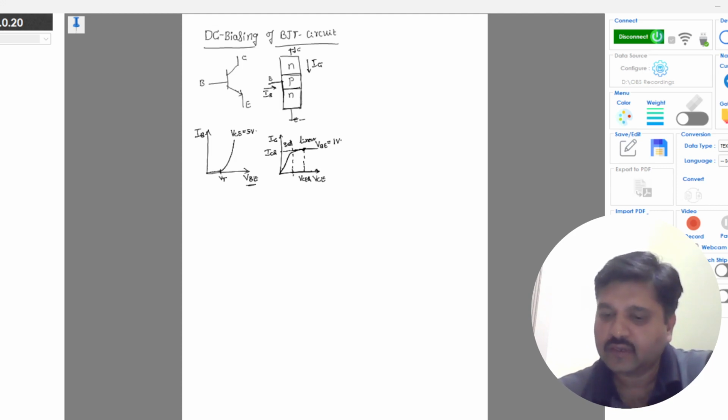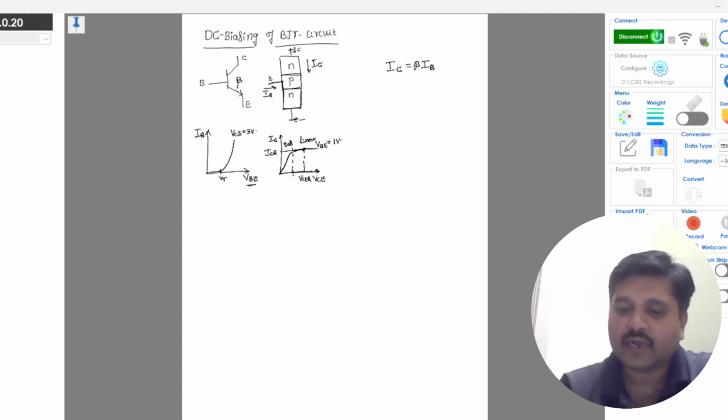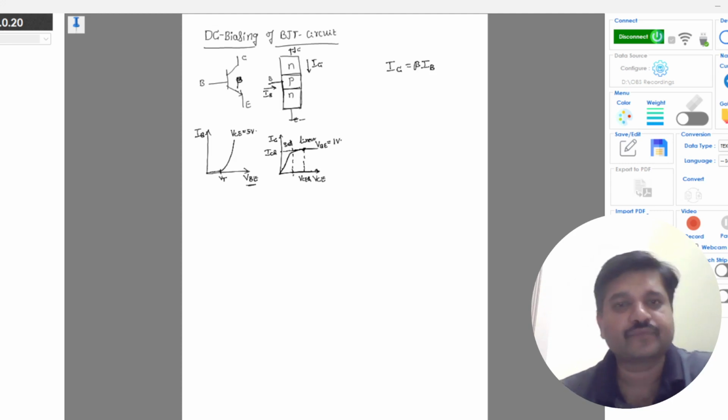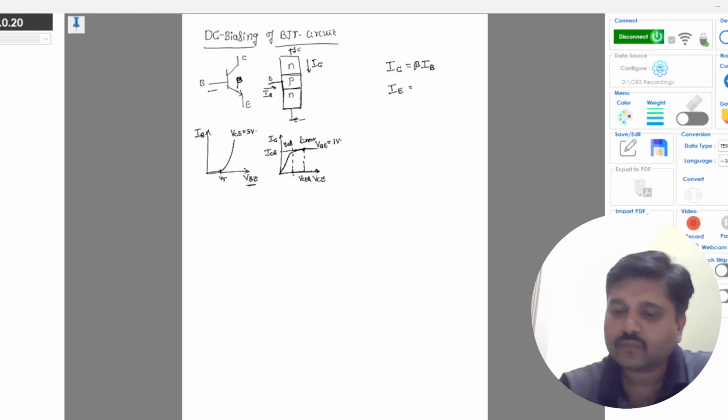Other than this, you should be familiar with certain relationships between input current and output current. We know that the output current IC will be beta times the input current IB, where beta is the current amplification factor, also called the current gain of the amplifier. And your emitter current IE will be IB plus IC.